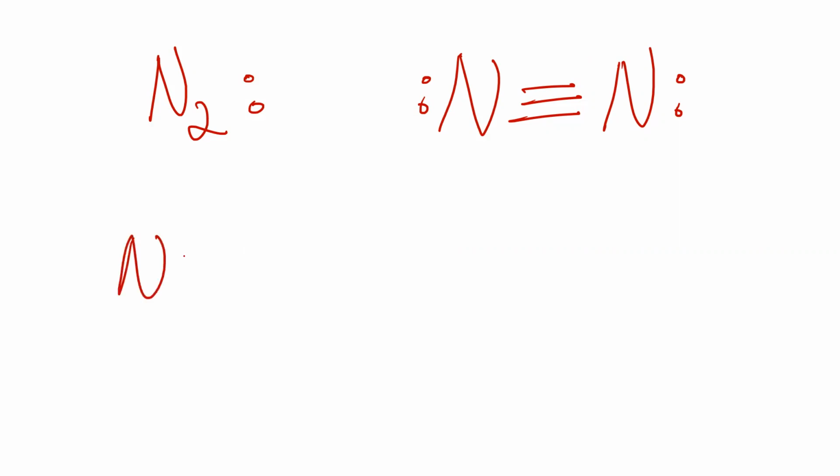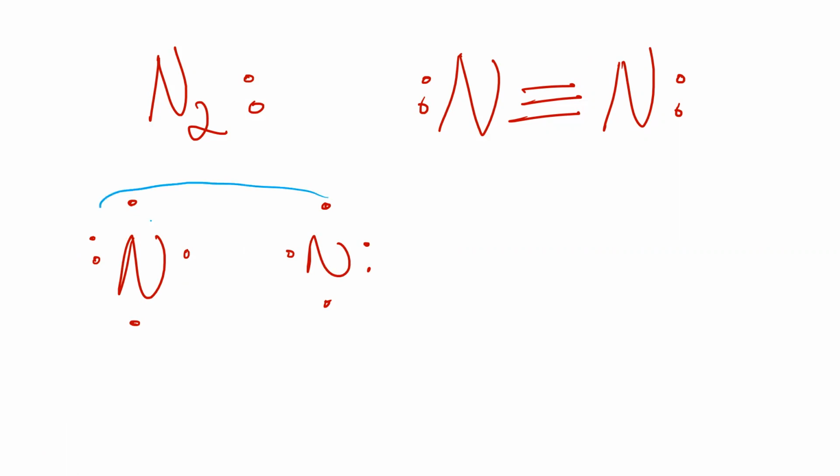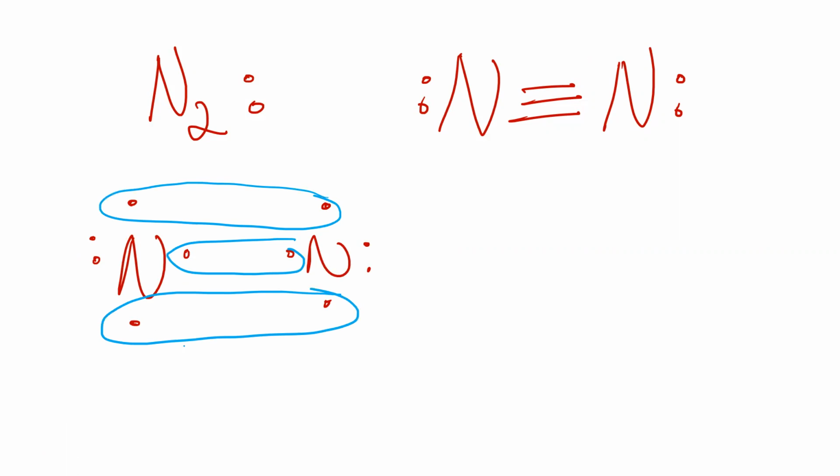You start out with nitrogen and nitrogen, like so. And then you form three bonds, 1, 2, 3, between the two atoms, giving you this, like so.